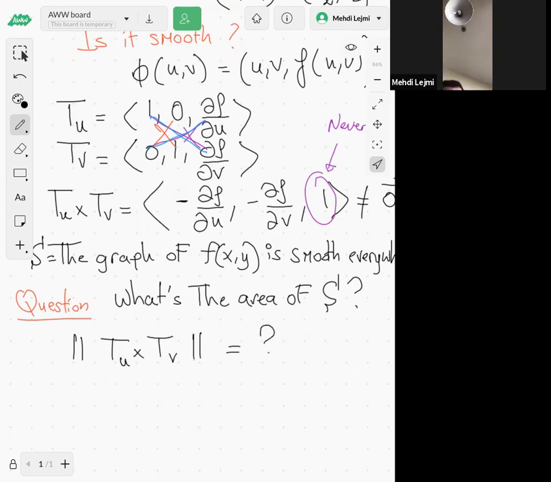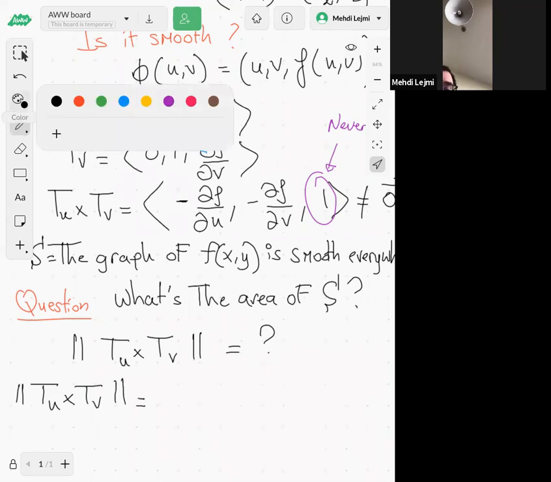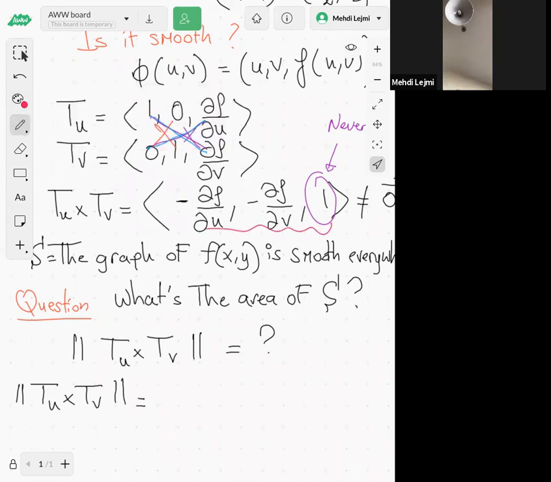So here are the components of tu cross tv, right?